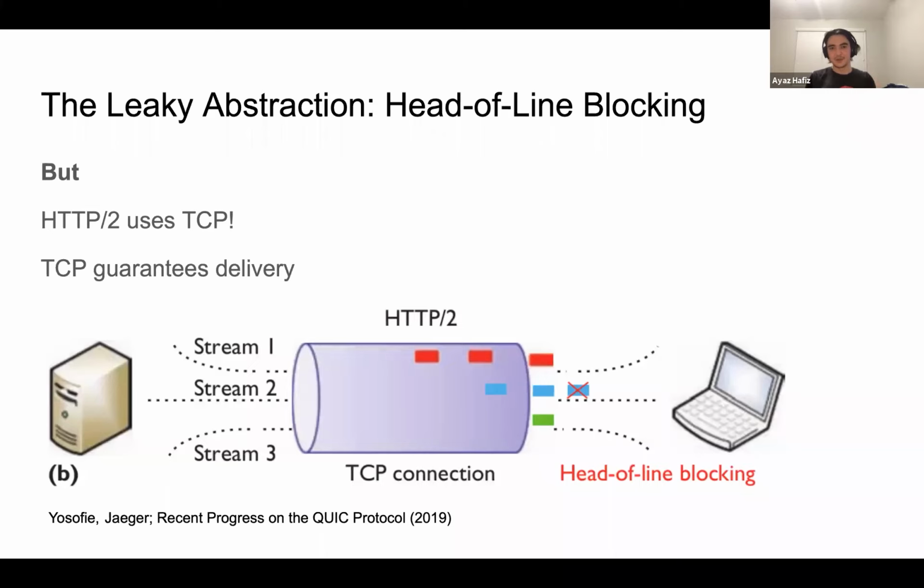Now, what TCP also does is, let's say I have a bunch of requests that I've been given. So I'm TCP, and I've been given a bunch of requests that I want to send over the network. Even though I might send them in parallel, if one of these packets gets dropped, so if I try sending it across the network and the packet just doesn't get there, this can happen for a number of reasons.